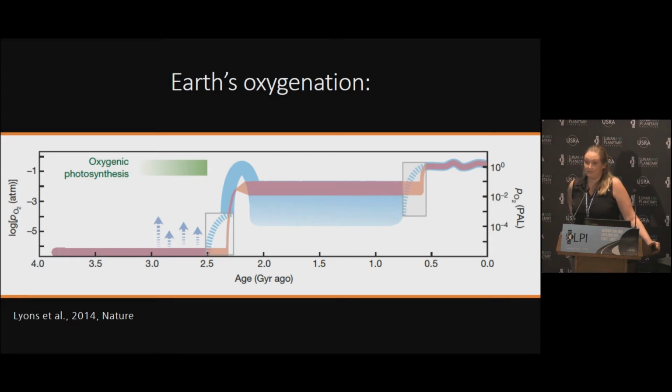We call that event the Great Oxidation Event. And we do so despite the fact that the second oxygenation occurring in the Neoproterozoic and early Phanerozoic is actually the much larger oxygenation event in terms of moles of oxygen. So this is on a log scale here and might provide a very misleading view of the relative magnitude of those two events.